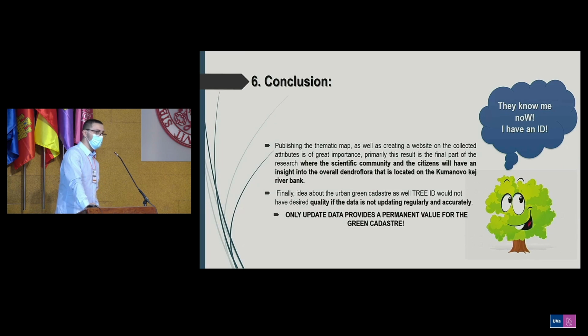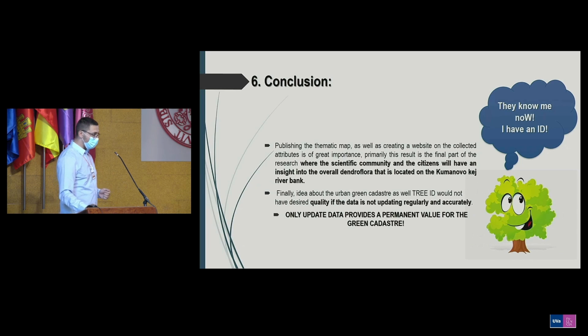As a conclusion, I want to mention that publishing thematic maps is very important for the scientific community, but also for citizens to see what is in the area and to understand the importance of green areas in our cities, right?